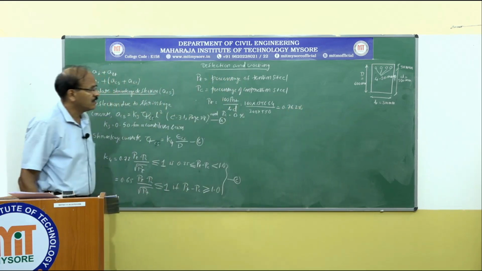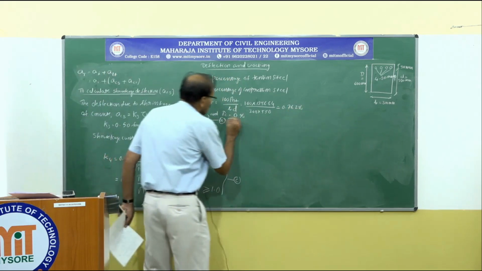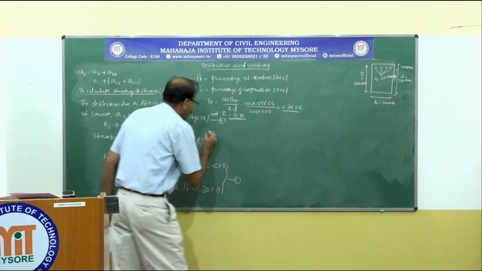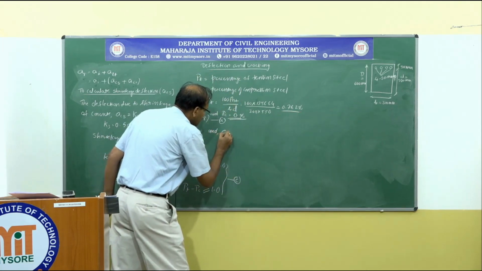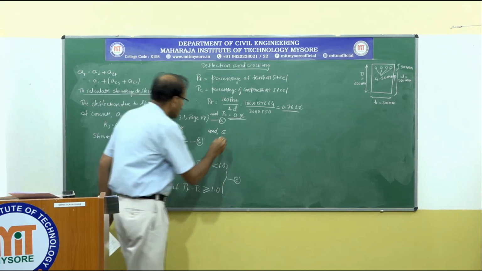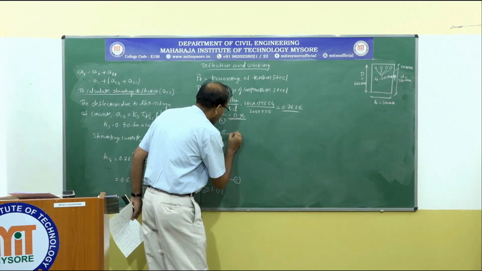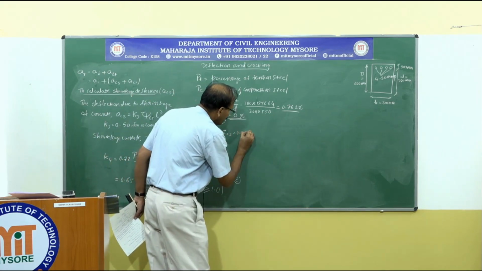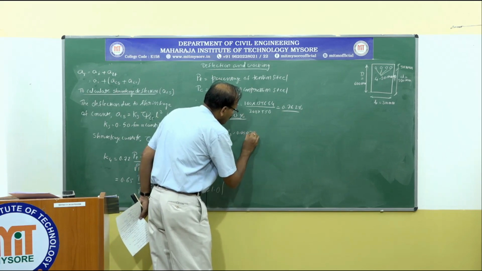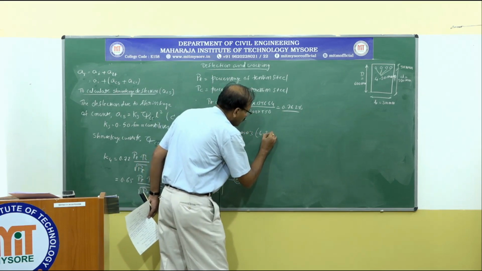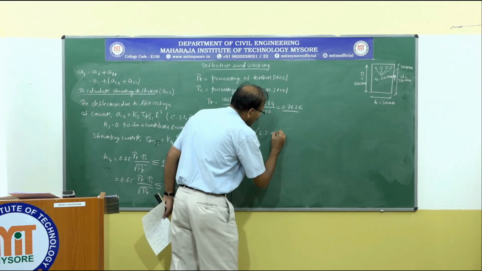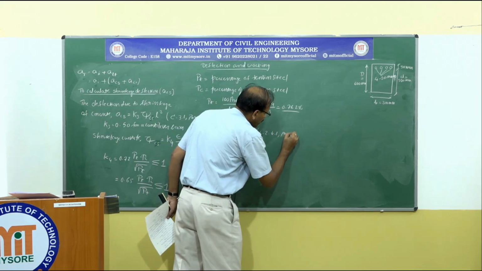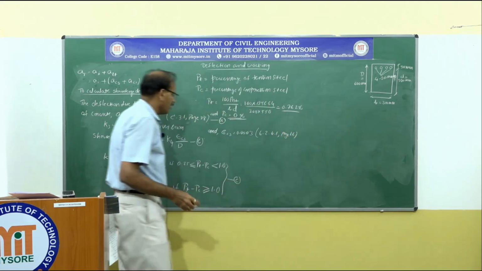And the shrinkage strain epsilon CS equal to 0.0003 as per 6.2.4.1, page 16 of the code book.